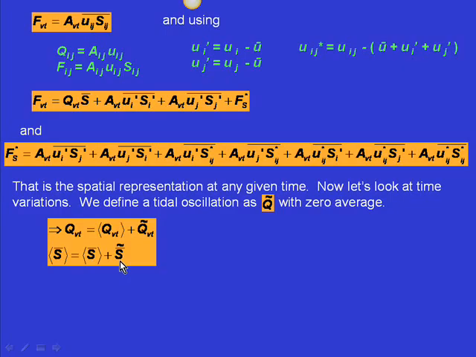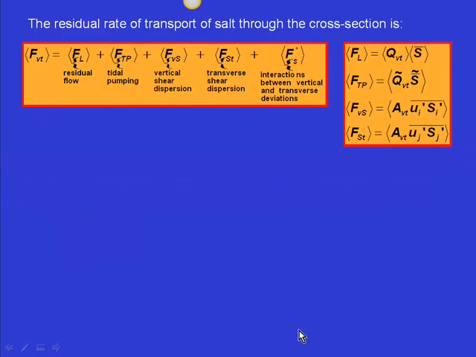And this is the amplitude of the salinity throughout the tidal oscillation. So if we add this temporal variability, and we're not going to go through it, what we get is all these terms. And this is the bottom line, really, of this whole class. So this is where you wake up and start trying to understand what's going on here.